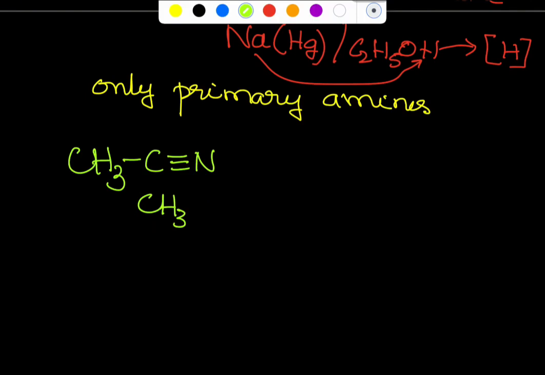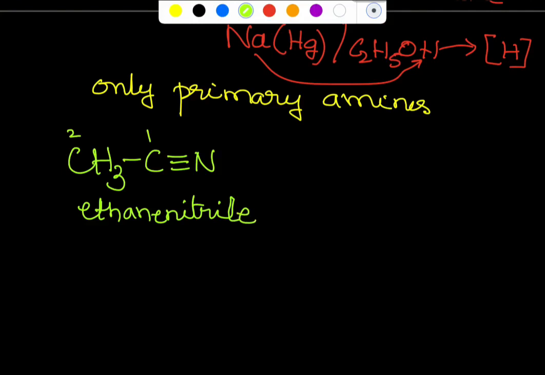No problem. How do we give the IUPAC name of this compound? You have to number the carbon atom of the nitrile also. Hence this compound is called ethane nitrile.